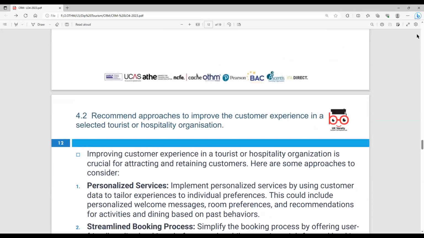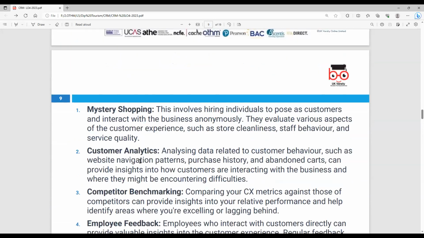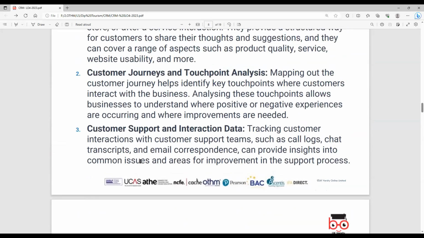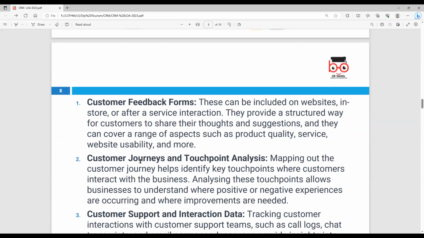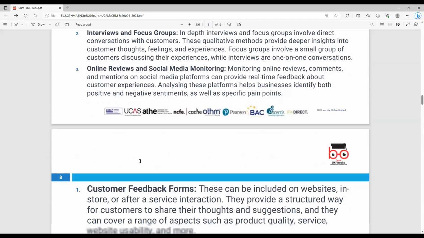And in the first one, we said we can use key performance indicators, feedback, customer support, online reviews and social media monitoring.